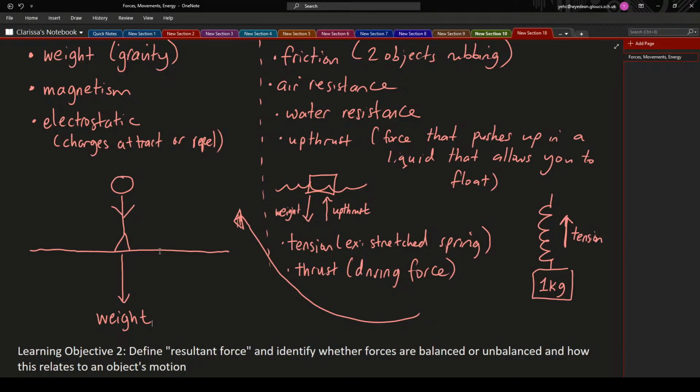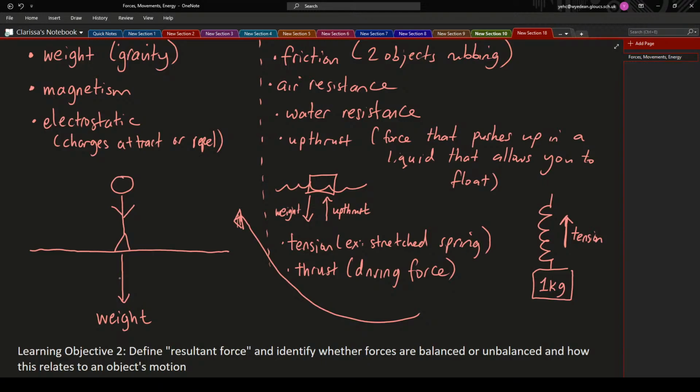Now have a think. Let's pretend that there's only weight acting on you. Well, if weight was the only force acting on you, why aren't you just crashing through the ground all the way until you reach the center of the earth? If gravity was the only thing involved, gravity would be the only thing pulling on you.